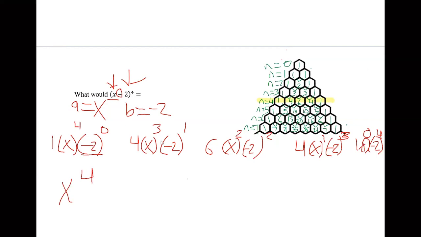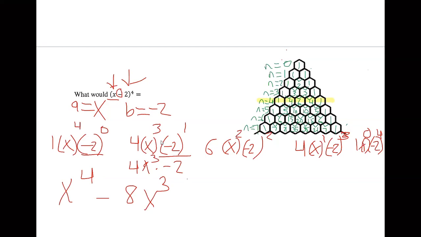This problem is a little bit different because we don't just have variables. -2 up to the 1st power would really be 4x to the 3rd times -2. If you simplify this all the way, you're going to get -8x to the 3rd, because that -2 times the 4 in front would give you -8.